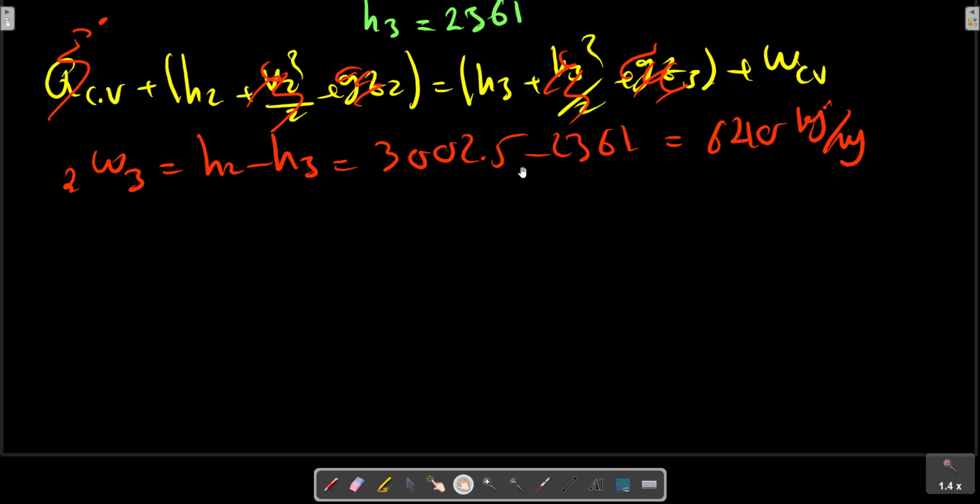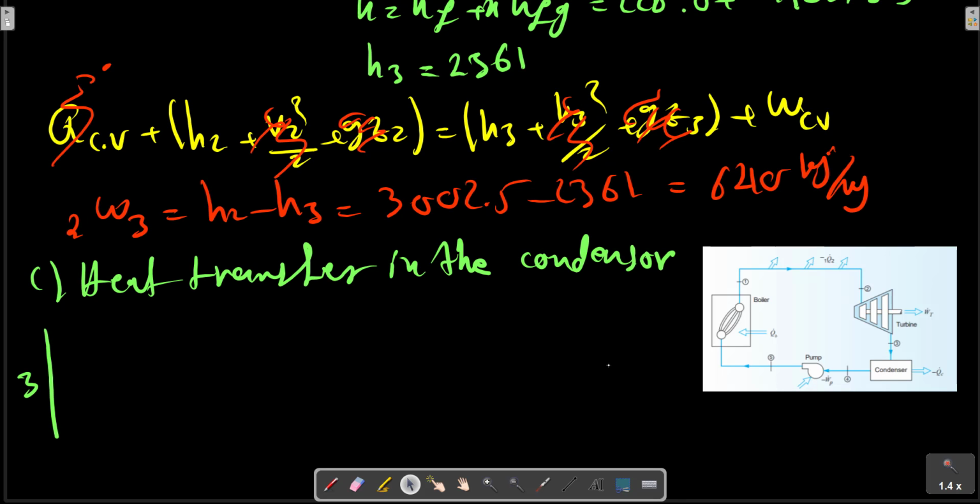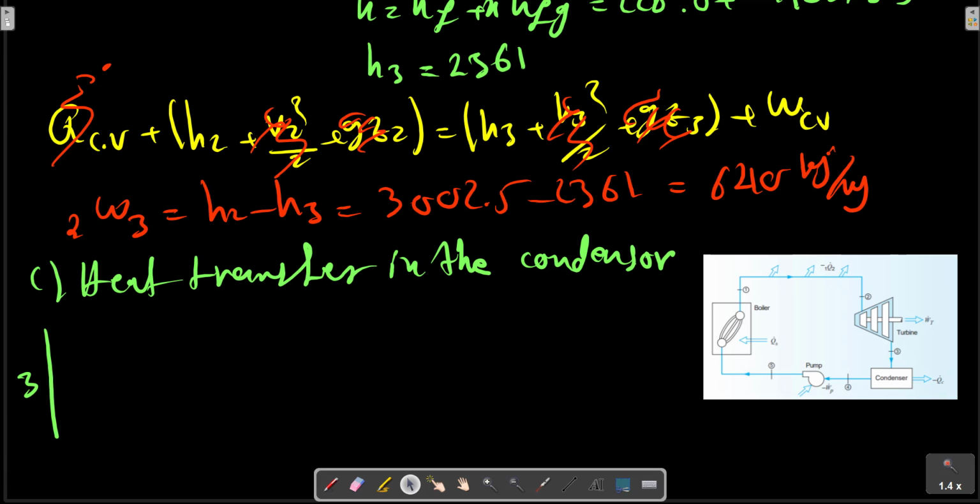Part C, heat transfer in the condenser. We should use the information about point 3. Consider this picture. Point 3 and point 4 are the two points for the condenser in the picture.